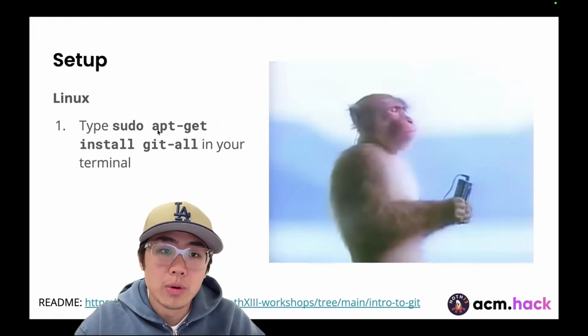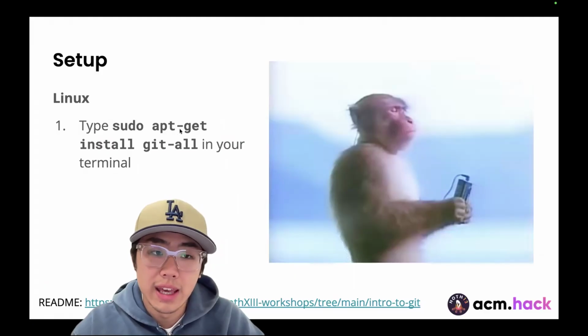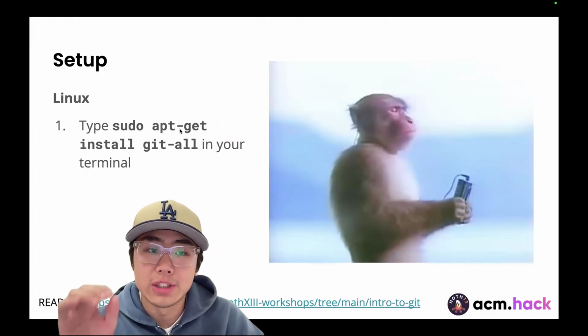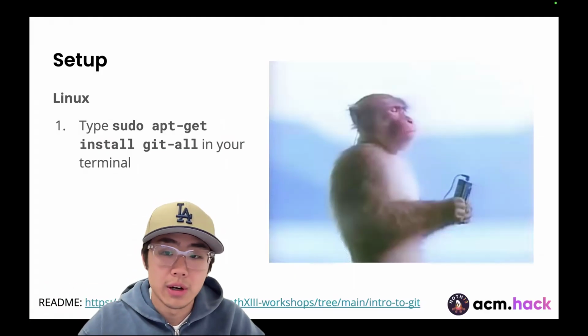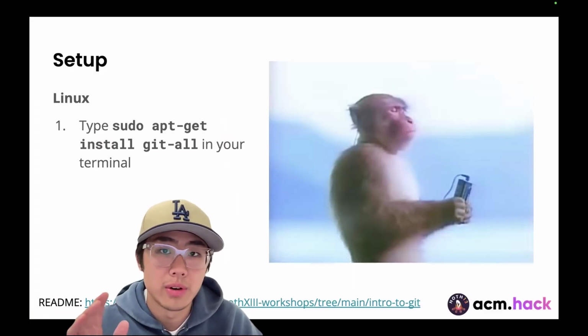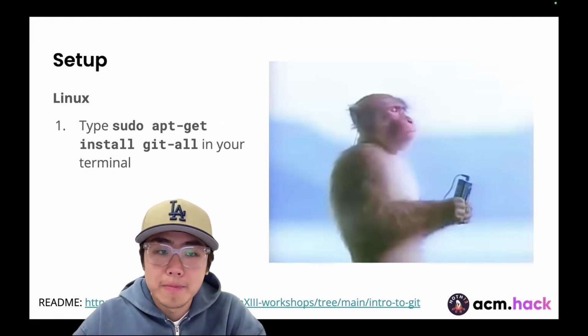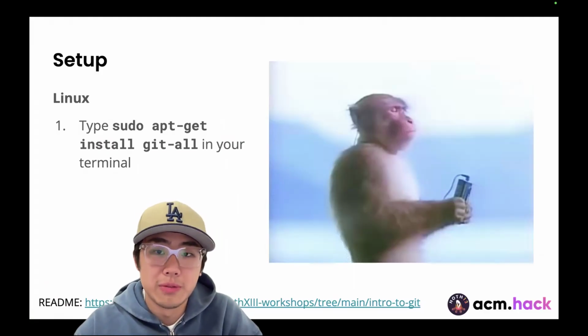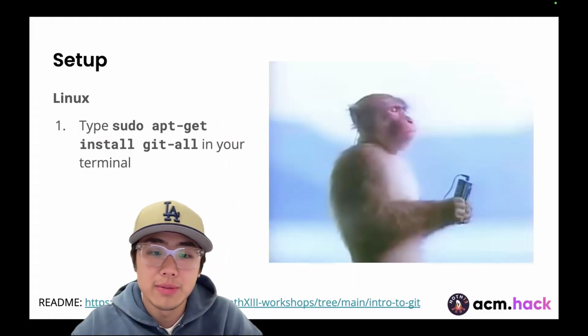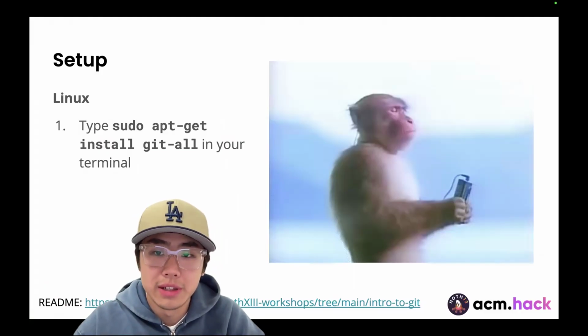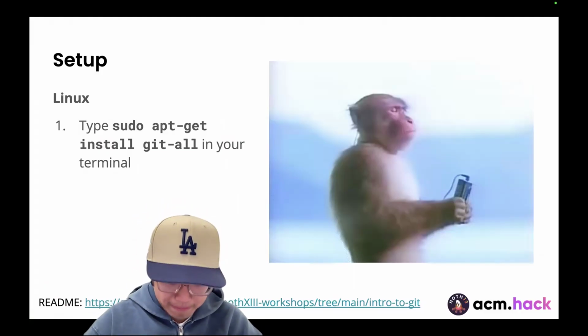You just type sudo apt-get install git-all in your terminal or shell or bash or whatever your command prompt is, like earlier. I don't have a Linux or a Windows, so unfortunately I can't demonstrate. If you have some confusion, I'm sure there's a million YouTube tutorials that can help you with that.